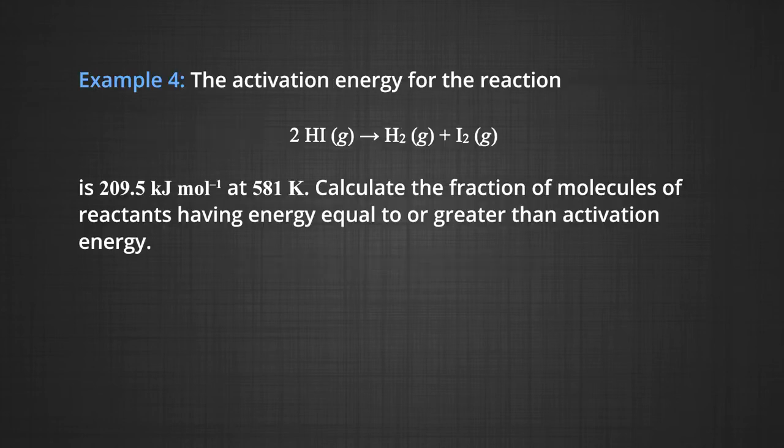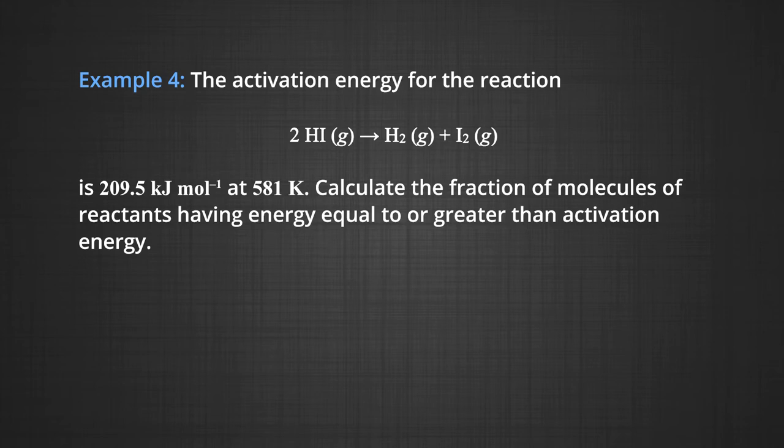Now I am going to discuss one more example. The activation energy for the reaction 2 moles of hydrogen iodide giving 1 mole of hydrogen and 1 mole of iodine is 209.5 kilojoules per mole at 581 Kelvin. Calculate the fraction of the molecules of the reactants having energy equal to or greater than activation energy.